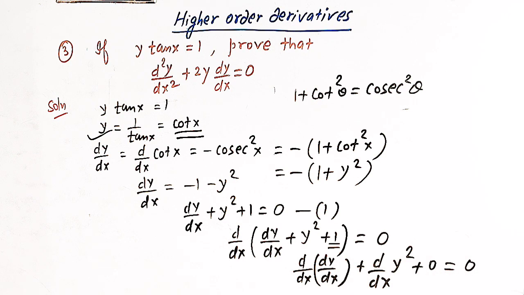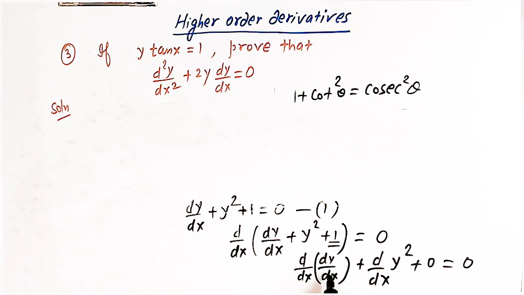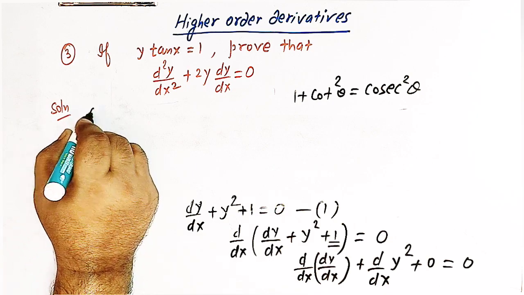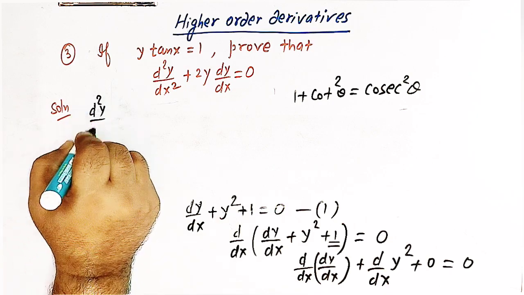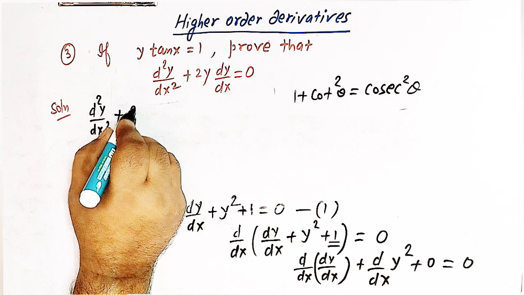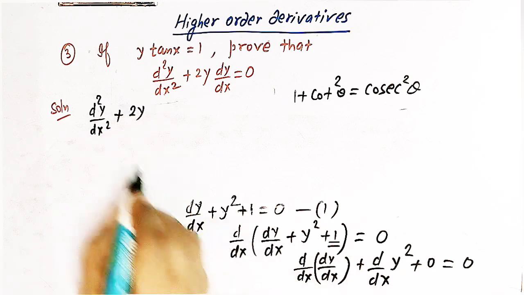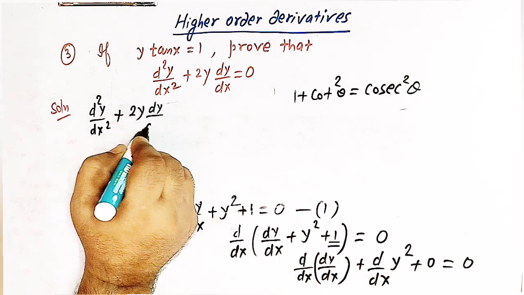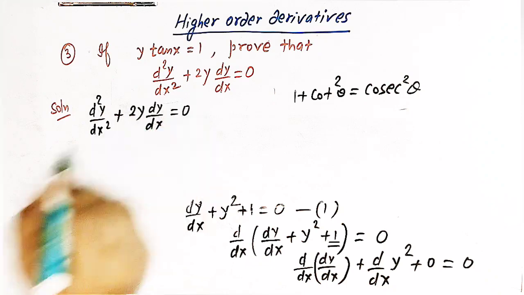So d by dx of dy over dx is d2y over dx2, and the derivative of y square with respect to x is 2y dy over dx, and this is equal to 0.